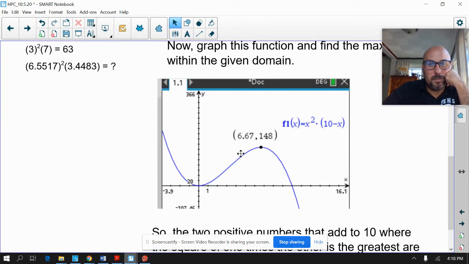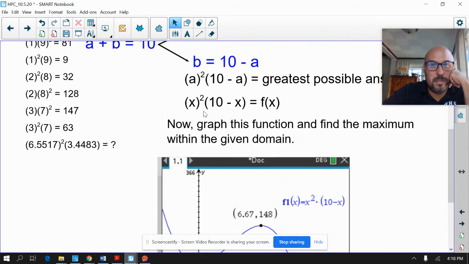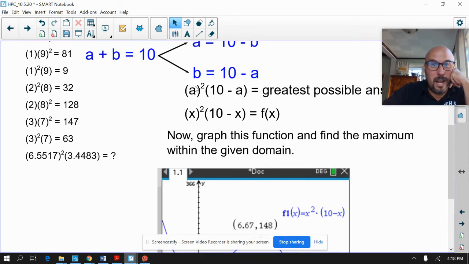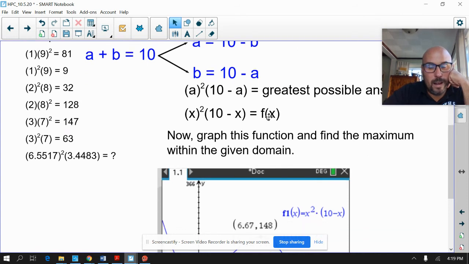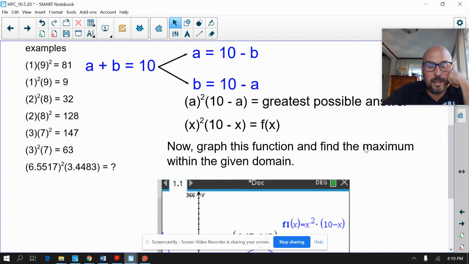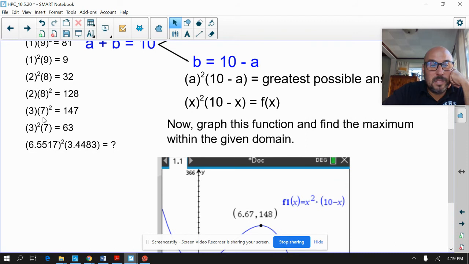So here's that graph that you just saw, and you had to interpret this correctly. Remember what x and y equal. X represents the a value. Remember, a was one of my positive numbers, a plus b equals 10. And then the y is the greatest possible answer. So 3 times 7 squared was really close. That was 147.